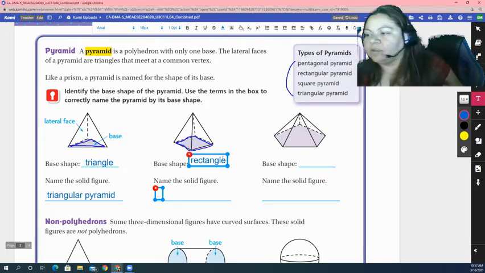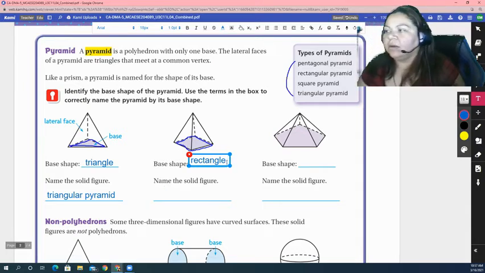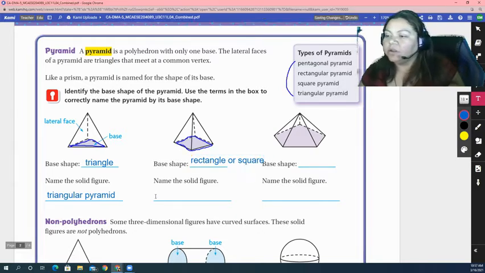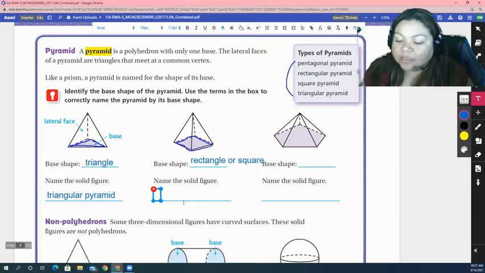Well, actually, it could be a square, right? This is going to be hard to tell because we don't know if the sides are congruent. So it could be a rectangle or a square. I take that back. It could be either or. So it depends. If you know that all the sides are congruent, then that would be a square pyramid.